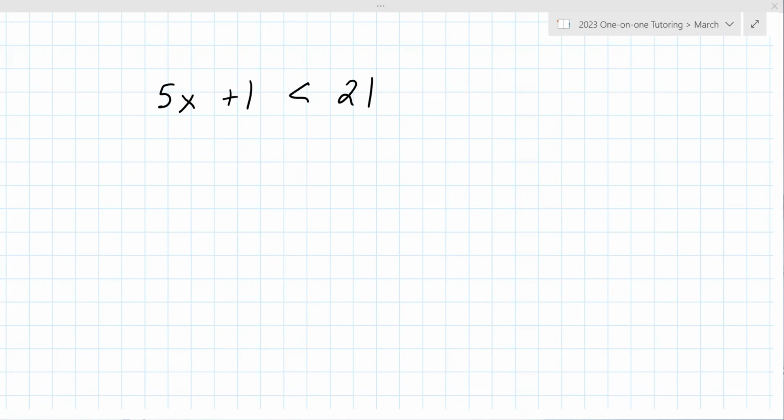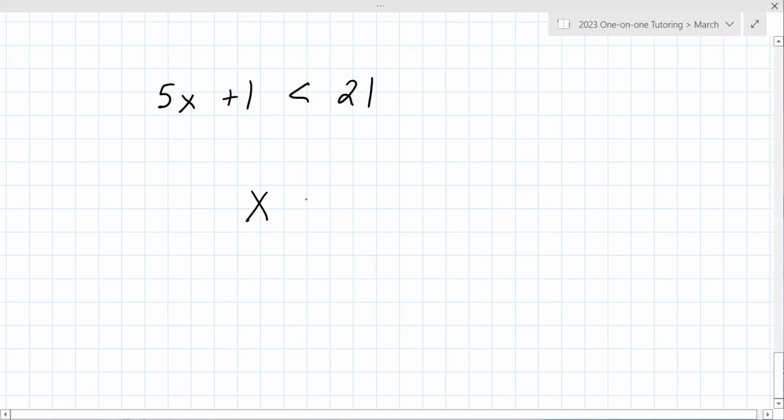Division. Oh, so divide by 5. Yes. Okay, what's your final answer? X is equal to 5. Like this? No. X is less than 5. Good.